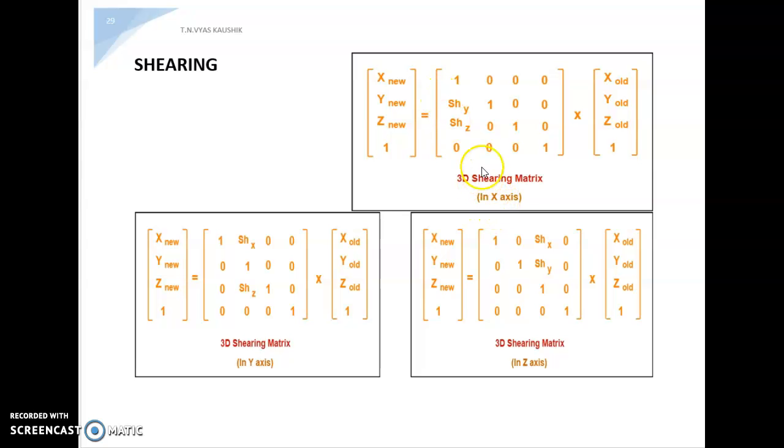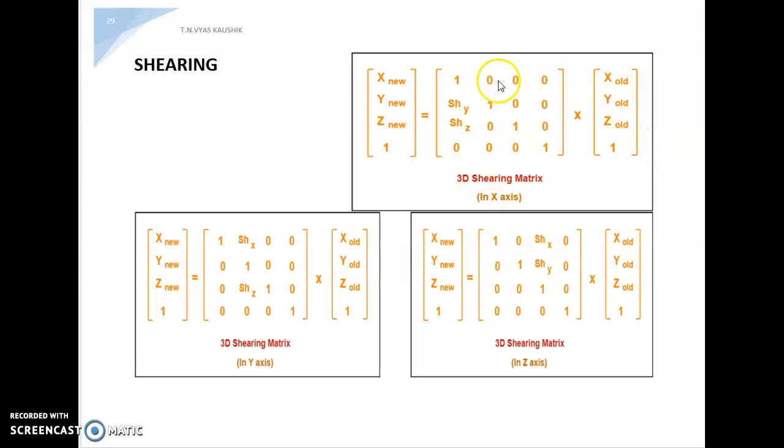For x-axis shearing, shx will be multiplied with y old. But in 3D, if we see properly, we have two shearing factors, so it is very necessary that we understand 2D shearing properly before we understand 3D shearing. 3D shearing will be with respect to three axes.